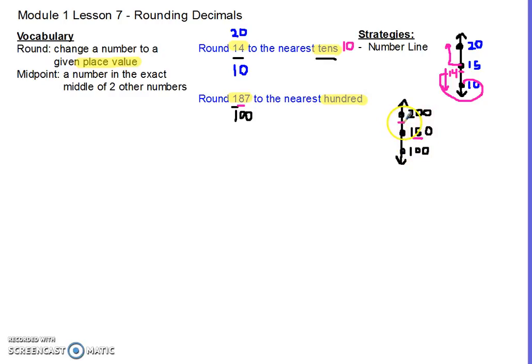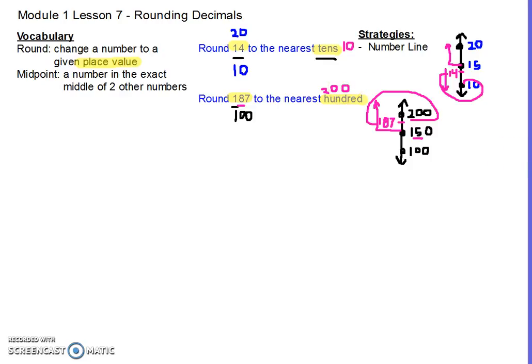Since 8 is more than 5, our 187 would go above the 150 on our number line. We know that anything that is 150 or up gets rounded up to 200. So if we rounded 187 to the nearest 100, we would get 200.